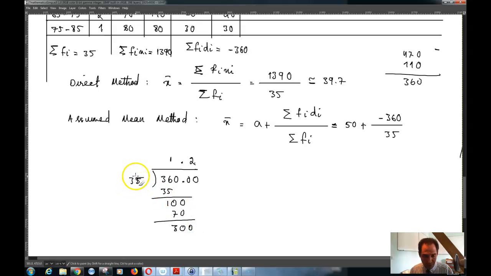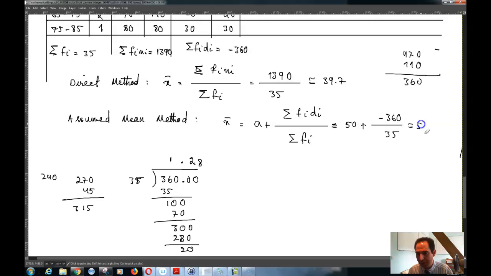9 times 35 is 270 and 45, so that's 315. 8 times 35 is 240 and 8 times 5 is 40, that's 280. And then you get, so I take that as 1.3. So that's negative 1.3.